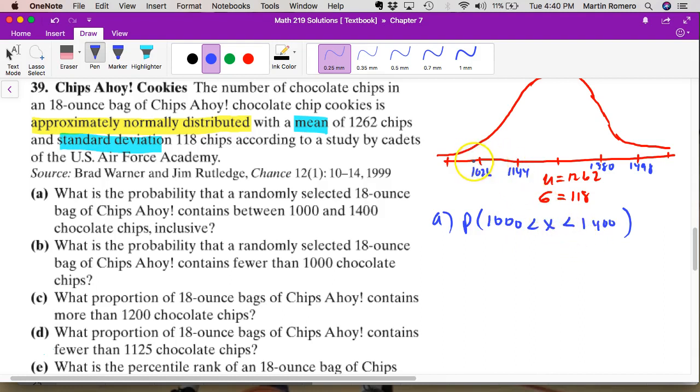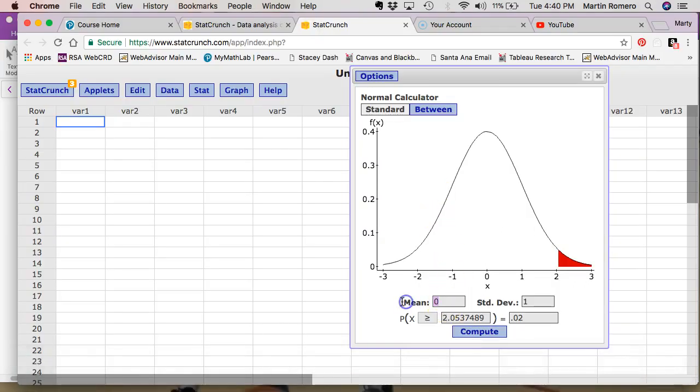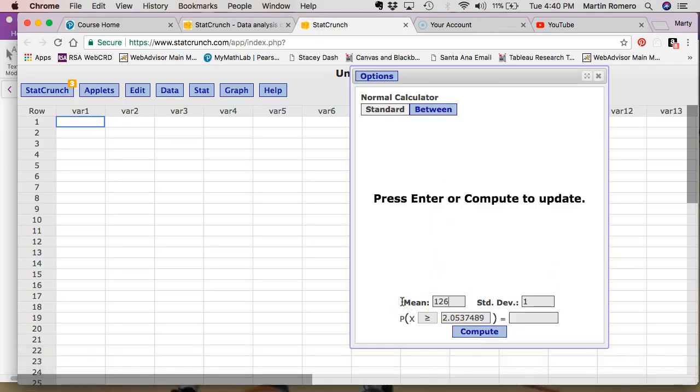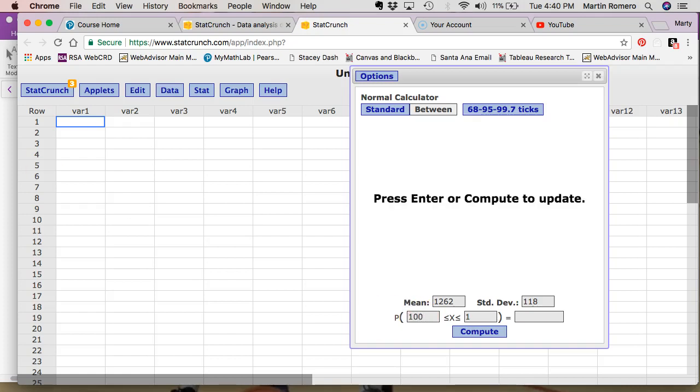To answer that question, we would go to StatCrunch, change this here to 1,262, change this to 118, and do it in between because I want it between 1,000 and 1,400.